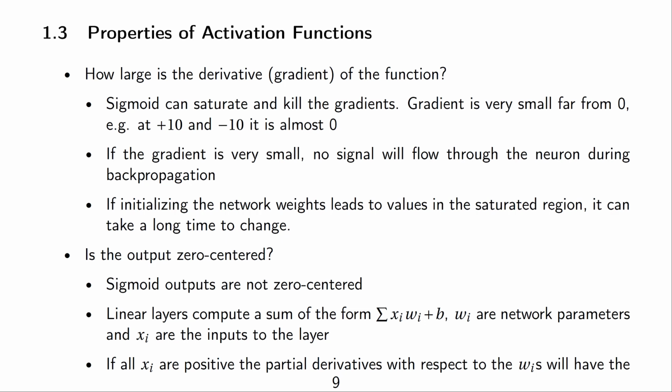How large is the derivative, the gradient, of the activation function? So, for example, the sigmoid function can saturate and kill gradients. The gradient is very small, far from zero, so at plus 10 or minus 10, it is almost zero.